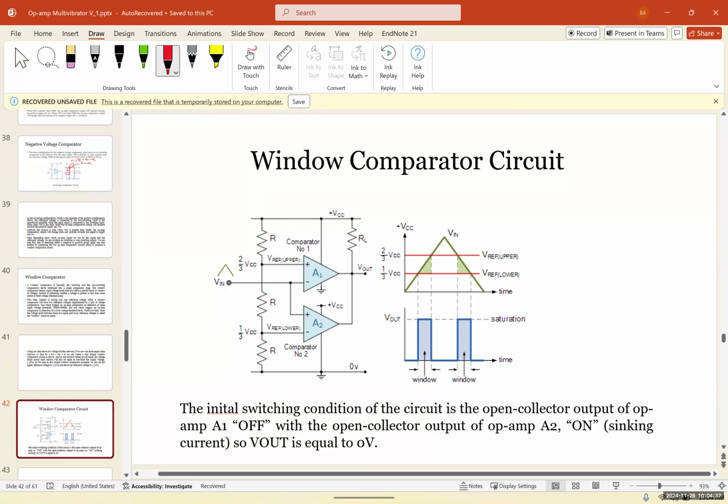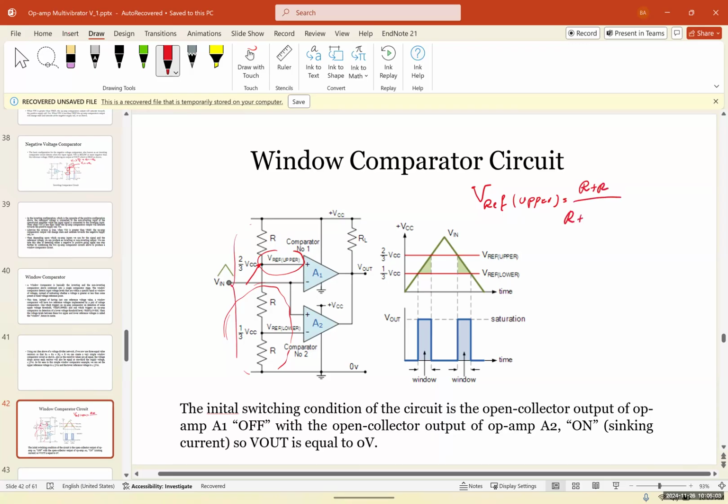So if I want to find the upper reference voltage, this reference voltage here, what we do is we have to combine these 2. So the reference for the upper would be equal to these 2 resistors, R plus R, over all these 3.